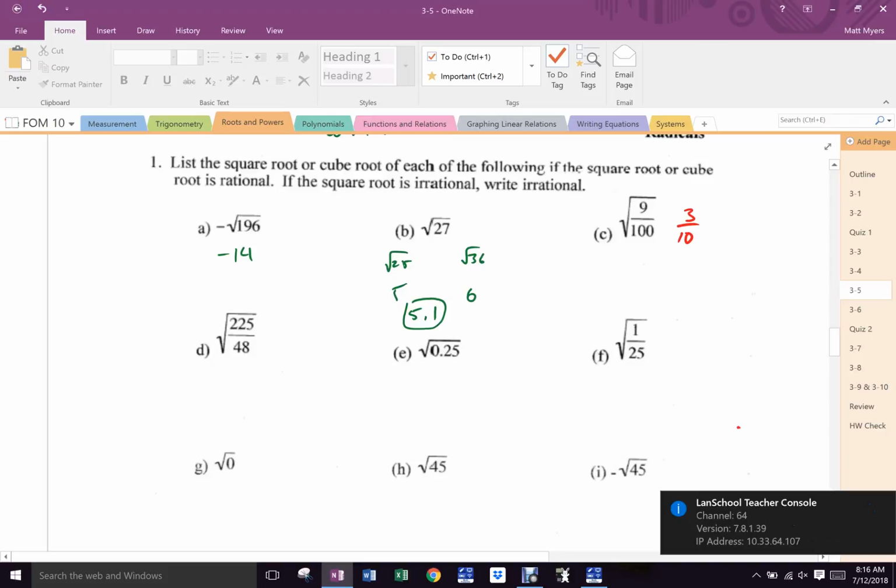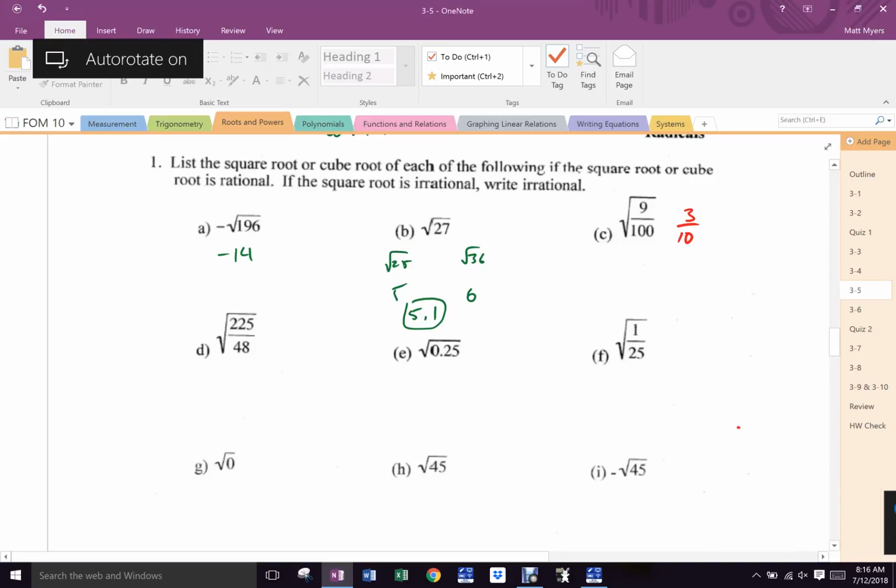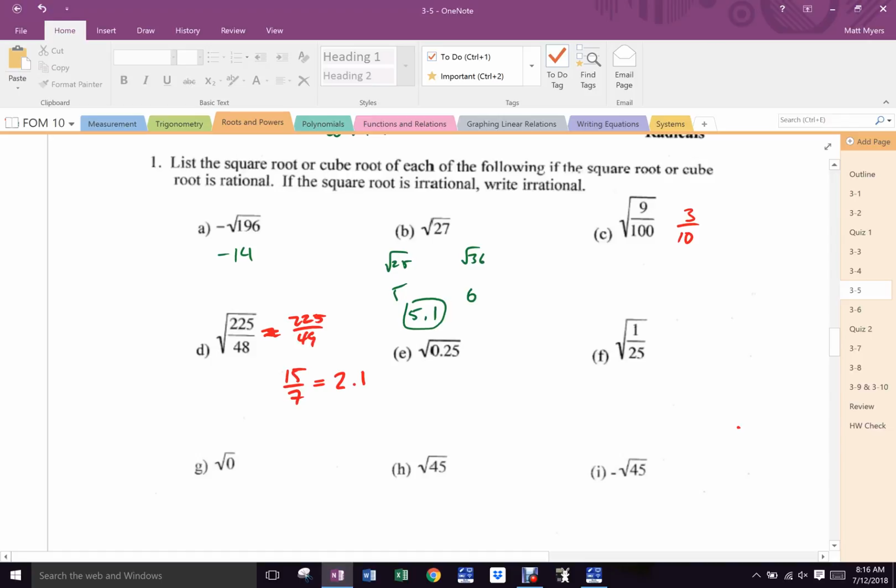I'll get that back later. The numerator is a perfect square, so we can leave it alone. Is the denominator? So this is approximately 225 over 49, right? Which is 15 over 7, which is a little bit more than 2, so 2.1 would be a good guess.